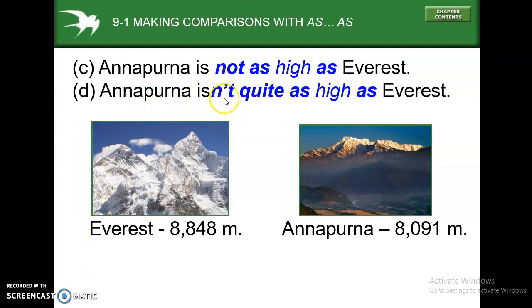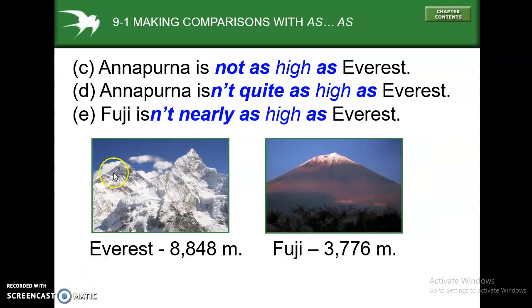Annapurna isn't quite as high as Everest. Fuji isn't nearly as high as Everest because Fuji is 3,776 meters and Everest is 8,848 meters. So we can say Fuji isn't nearly as high as Everest.